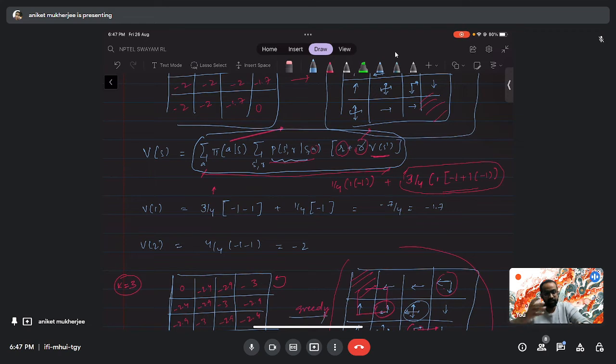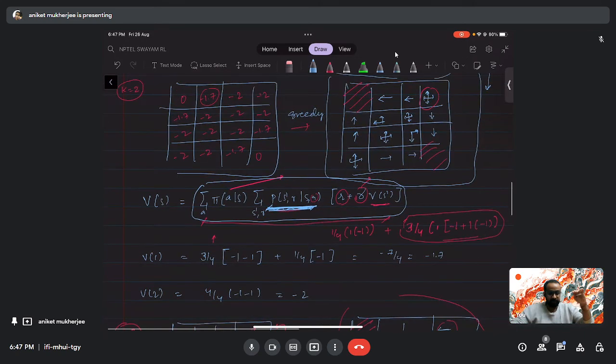Here I'm making this whole MDP deterministic. If the environment was stochastic, calculating this would be a lot of trouble. But you can code it up, it's just a computational problem.